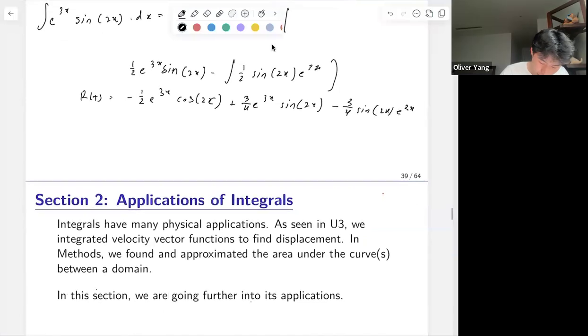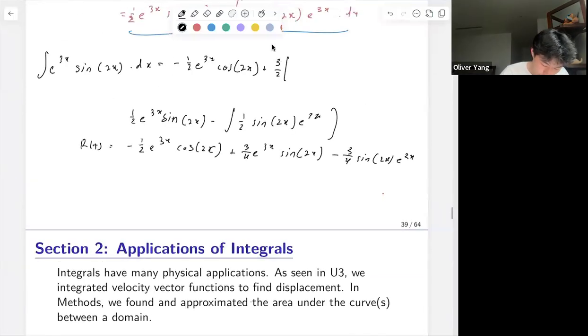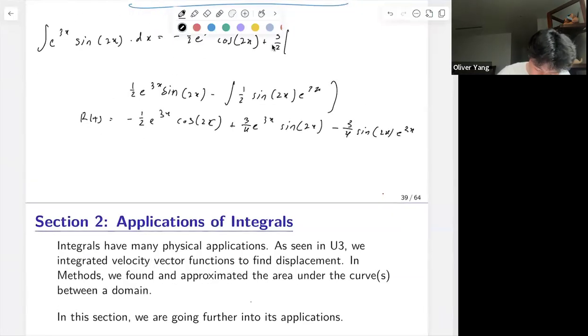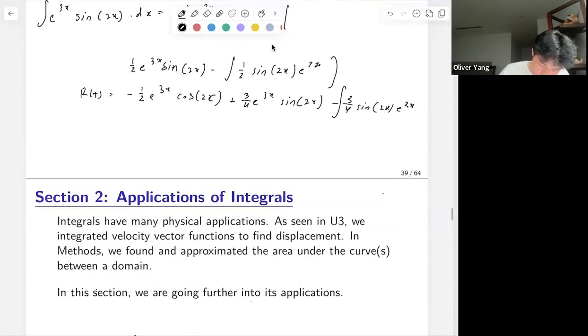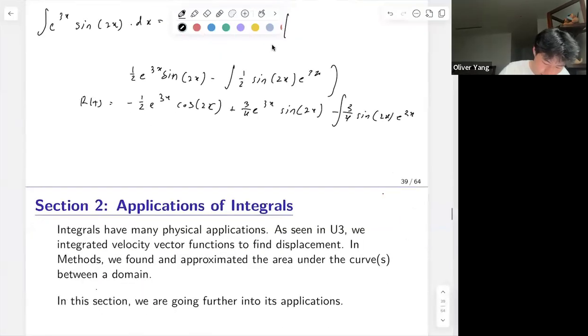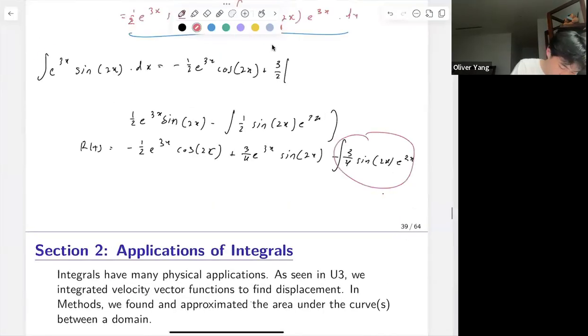Okay, cool. So now we've got our expanded version. Oh, I forgot the integral sign. We can just add this integral onto our left-hand side.